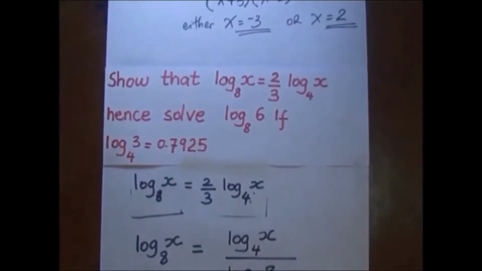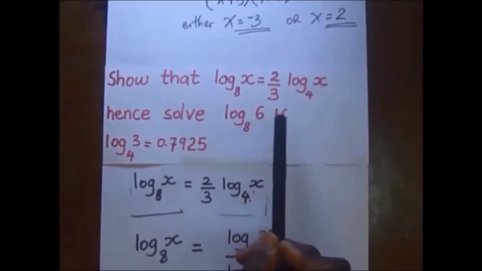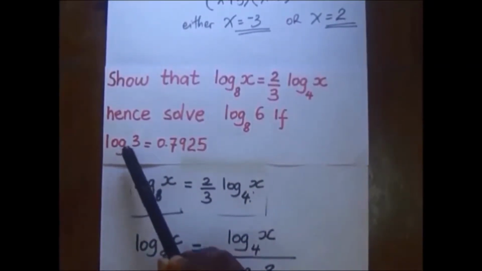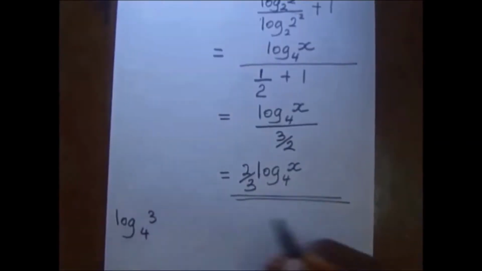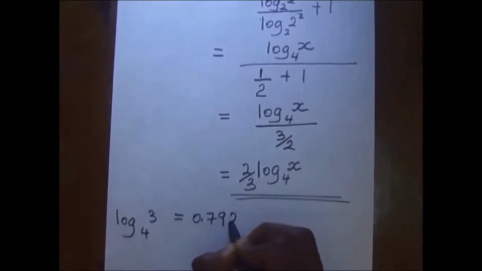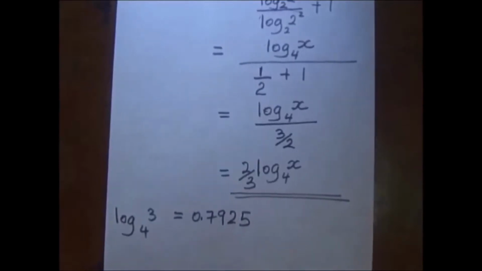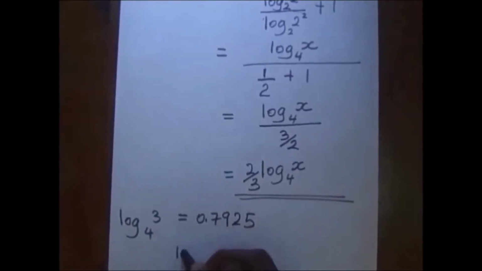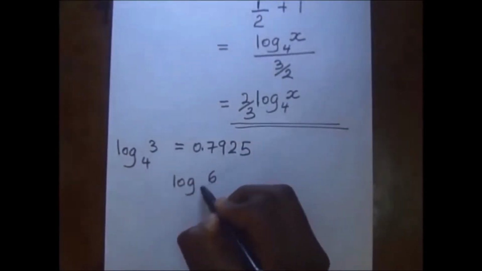So now they are telling us the second part of the question is that hence solve log 8 base 6, if log of 3 base 4 is going to be equal to 0.7925. They want us to find the logarithm of 6 base 8.